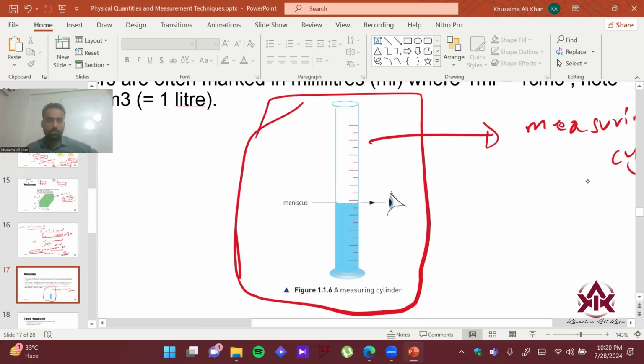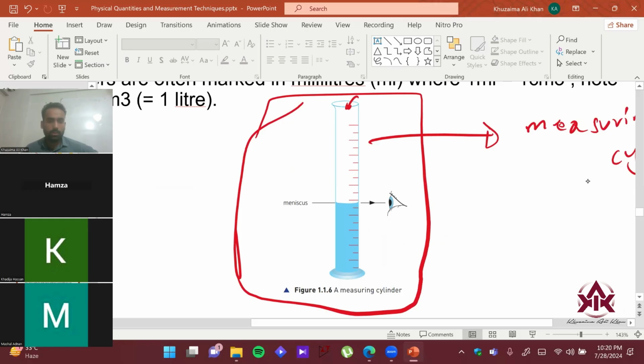If you pour some water down the cylinder, you're gonna have some meniscus, right? What is the meniscus? Your water is going to have this shape, this tilted thing. It's called the lower meniscus.